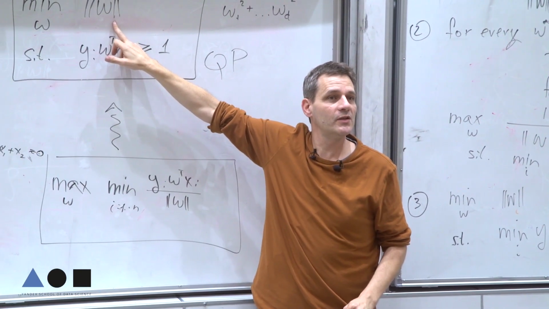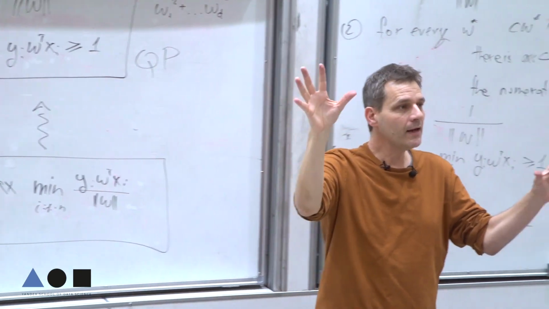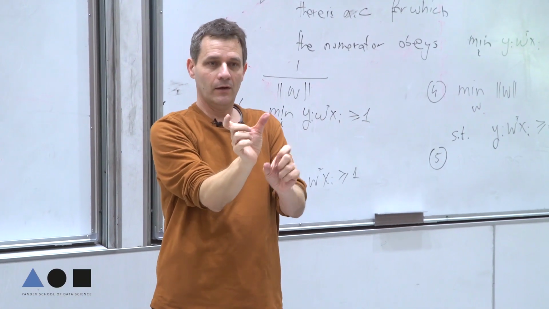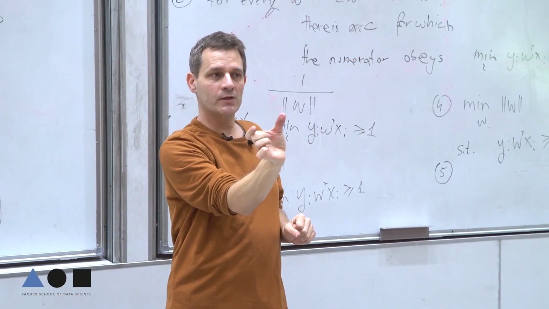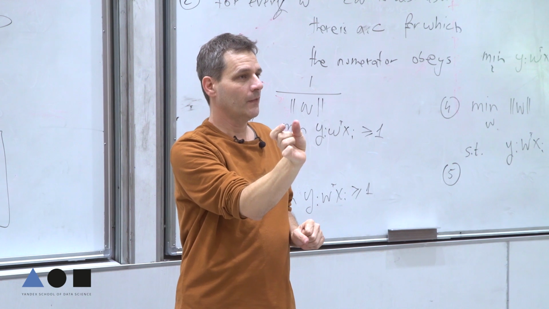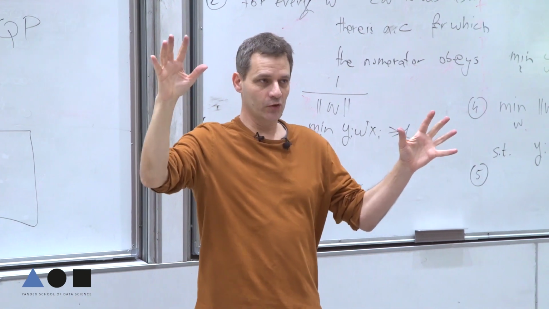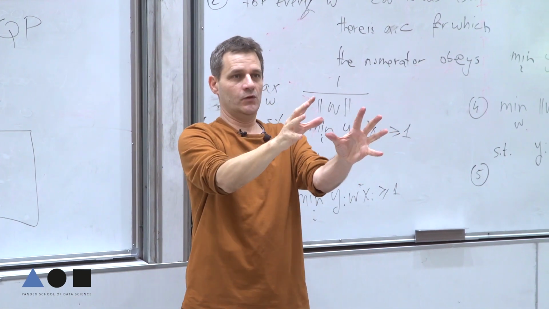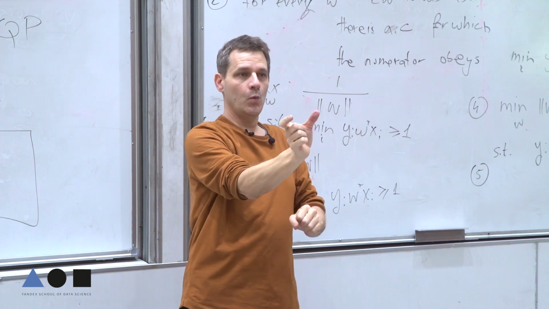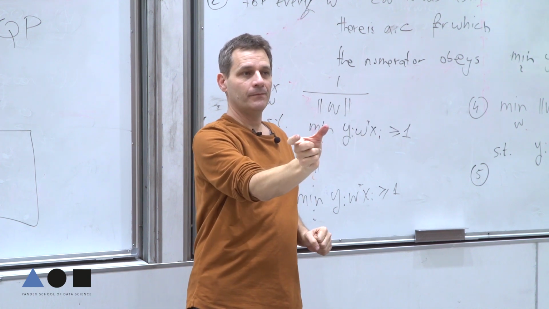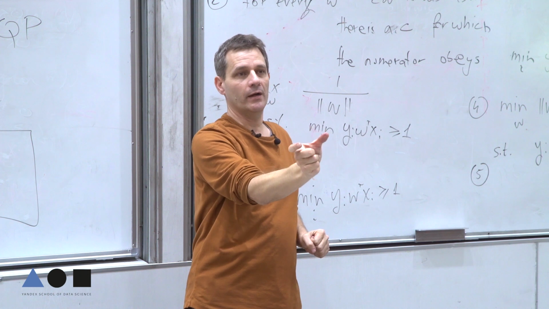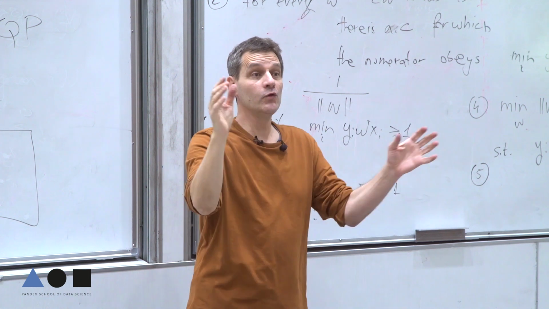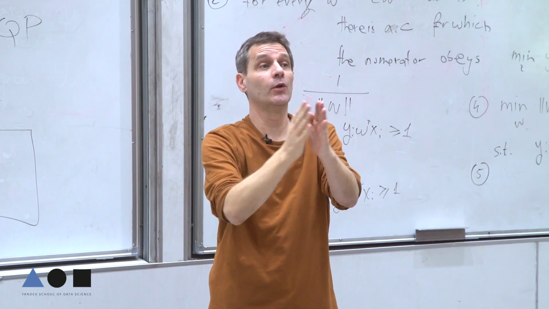The norm of w is going to be smaller. Now, when you make everything smaller, at some point the margin is going to be lower than 1. And what we're saying is that you're trying to zoom out, but you're going to stop once the margin reaches 1.